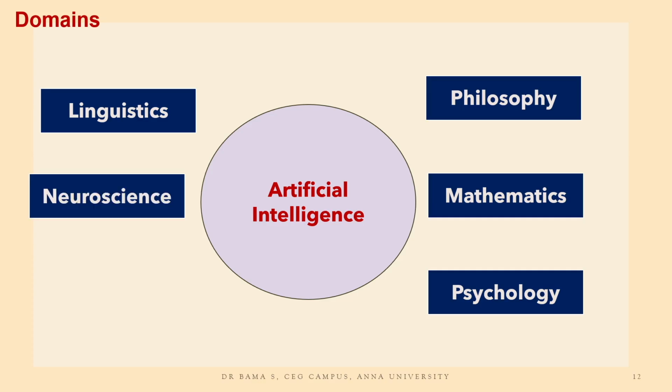The neuroscience aspect comes from neural networks. And of course, because of coding, it is computer science. This is the slide we gave during the first session, and it is coming back just to give you the full-fledged view of where AI stands and where the applications are.